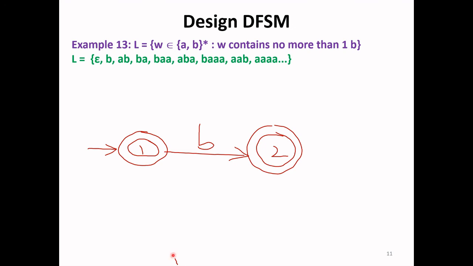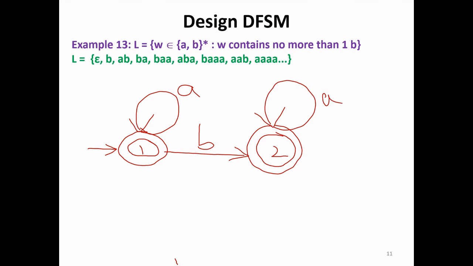So the language is satisfied: if the string does not occur, then the initial state is a final state. If the string occurs, then at a max it can have only one B. But you can see here there is no restriction on the number of A's. So I can take a self loop at both the states for input symbol A.